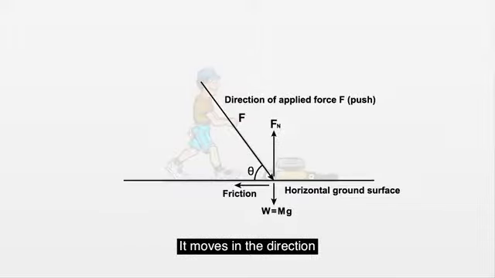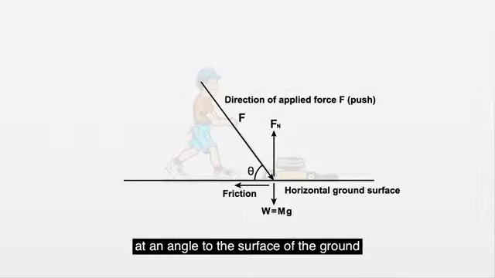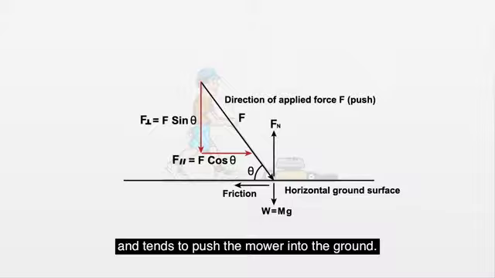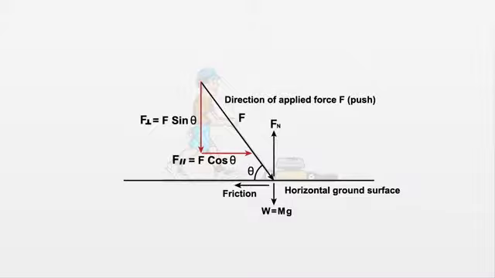It moves in the direction parallel to the surface of the ground. The force that acts along the handle at an angle to the surface of the ground is resolved into two components. One component acts horizontally and moves the mower along the ground. The other component acts vertically and tends to push the mower into the ground.